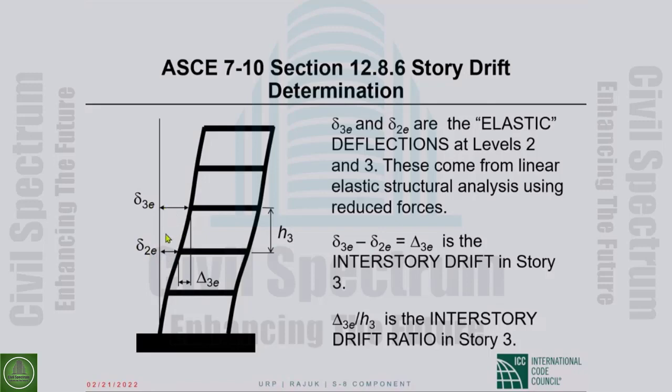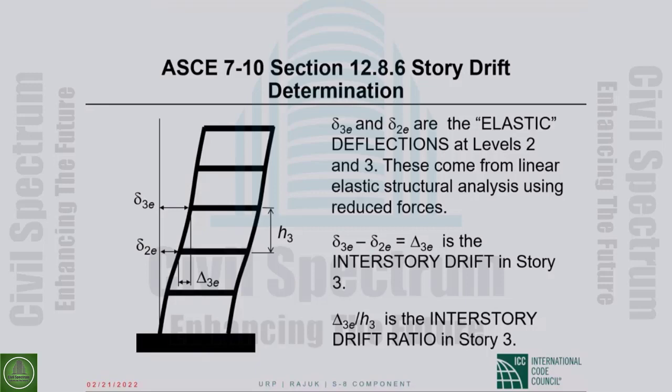The difference between the two, this capital delta sub 3E, is the interstory drift for story 3. Okay. This is level 1, this is level 2, this is level 3, this is story 1, this is story 2, this is story 3. So story 3 is the story below level 3.